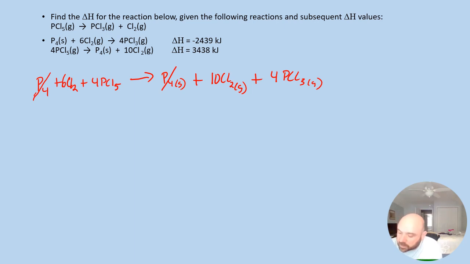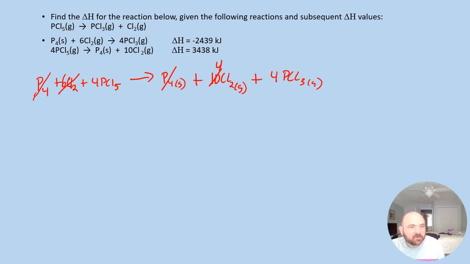So that will cancel, leaving 4, because it's like algebra with the arrow being the equal sign: 6 on one side, 10 on the other leaves you with 4 after you do your cancellations. And that leaves me with both of my other reactants canceled out.